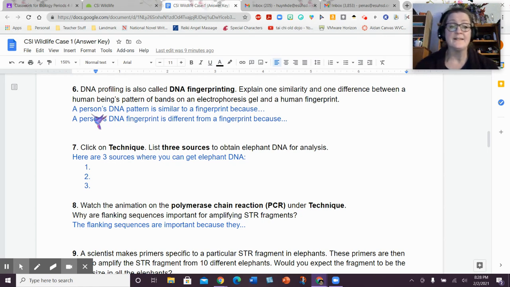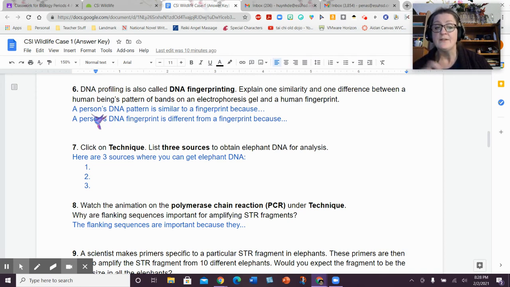And what we said in class is that both of these are very unique for an individual. So just like no two human beings have exactly the same fingerprint pattern, no two human beings, and also elephants, no two elephants have exactly the same DNA fingerprint.